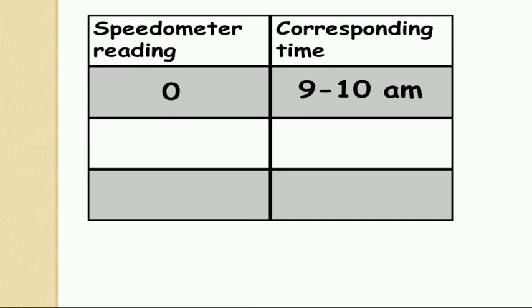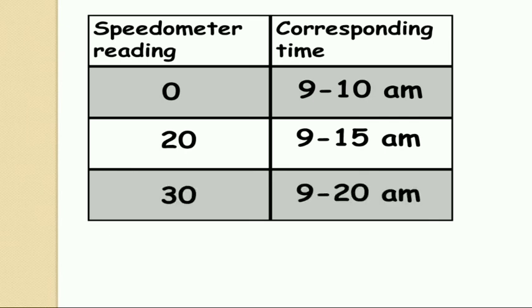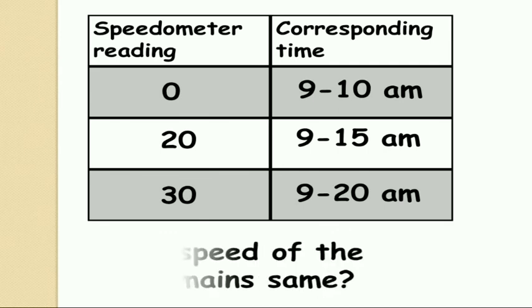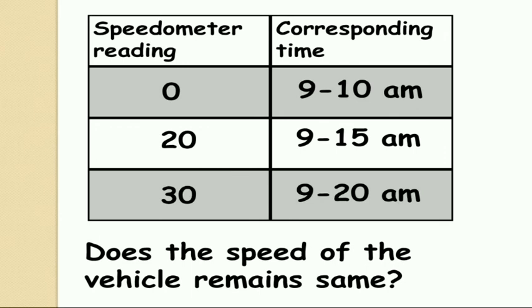The speedometer is showing 0 speed at 9:10 a.m. When it moves, the speedometer reading shows 20 at 9:15, and 30 at 9:20 a.m. Now, does the speed of the vehicle remain the same? No, in the first 5 minutes it increased to 20, and in the next 5 minutes it increased to only 10. The speed of the vehicle is not the same at all.